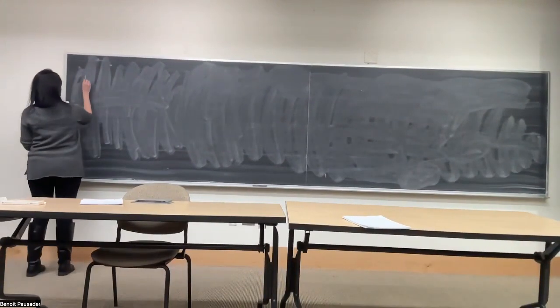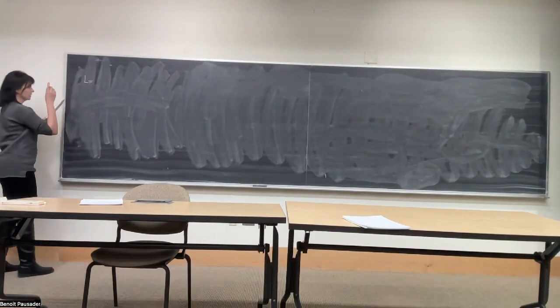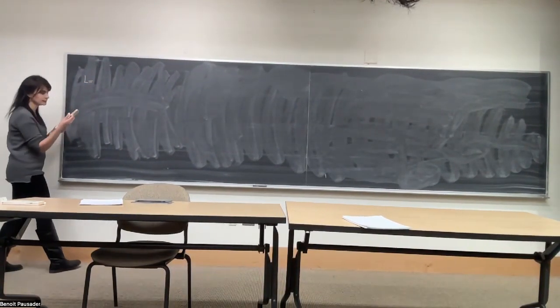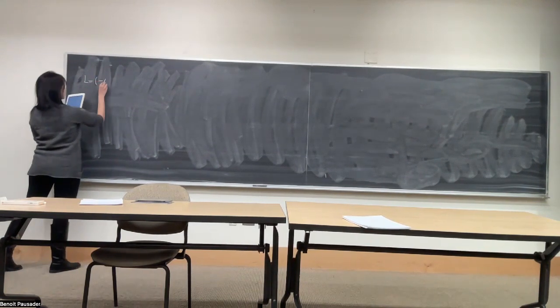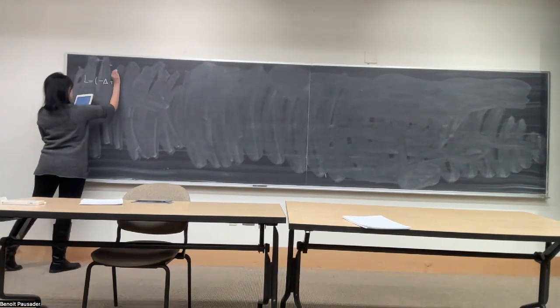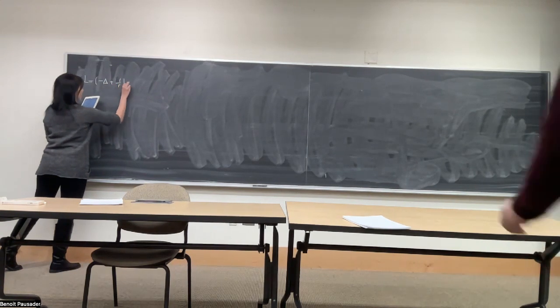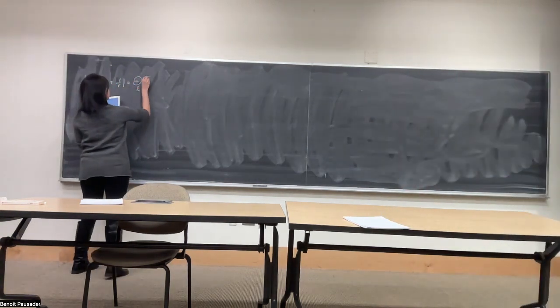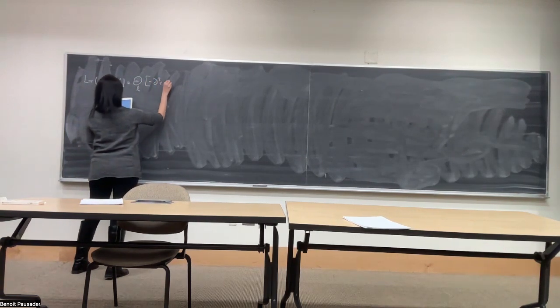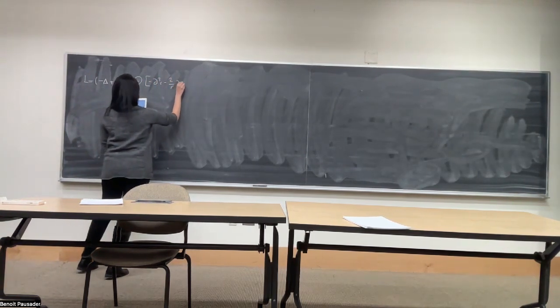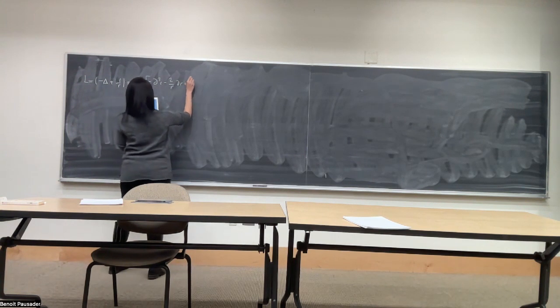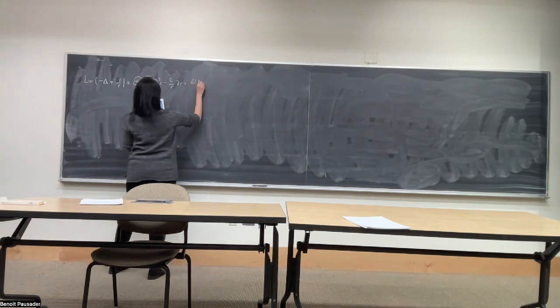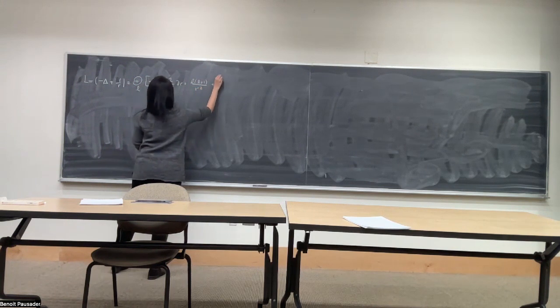I think it was L in the notes, or maybe it's H, I don't know. Let's start with L for now. This was our problem. And in the spherical form, we had L equal to negative d squared over dr squared minus 2 over r d/dr plus l(l+1) over r squared plus 1 over r.